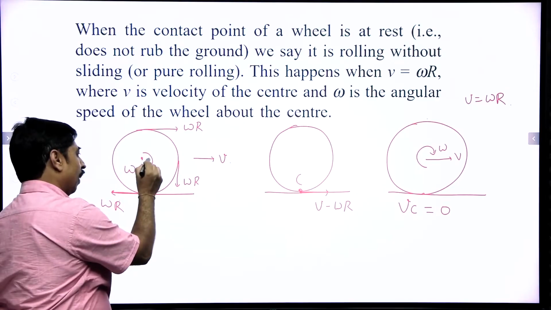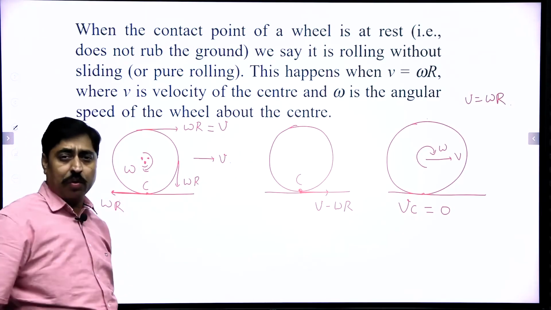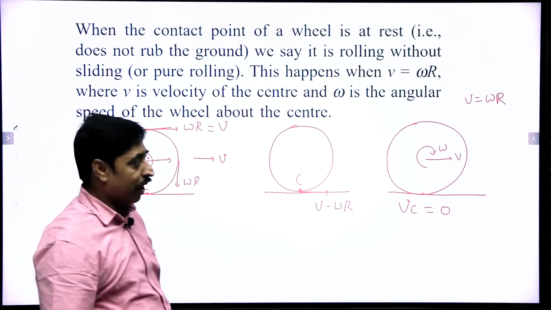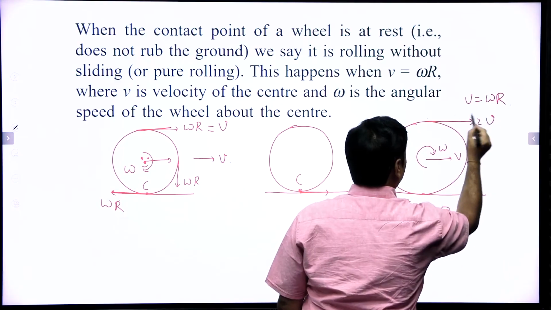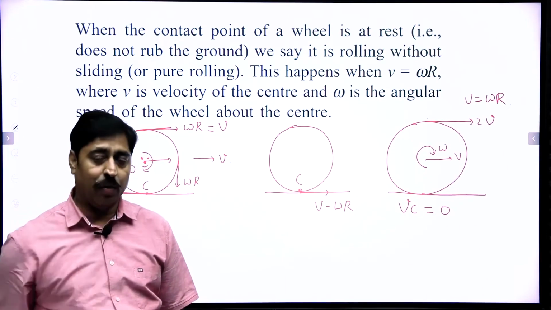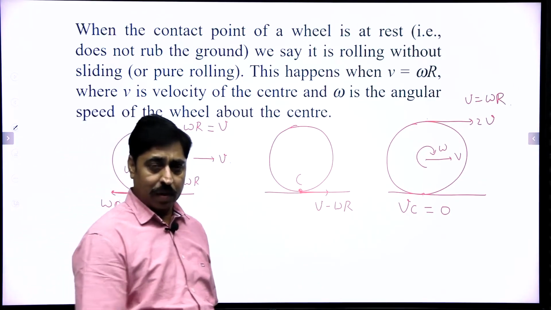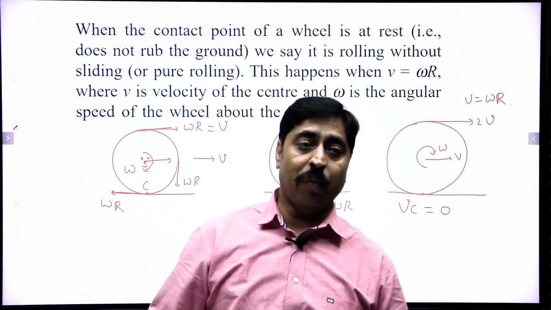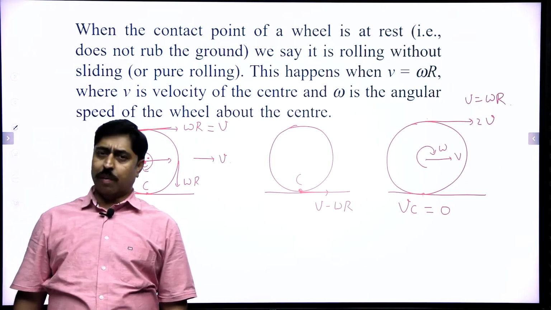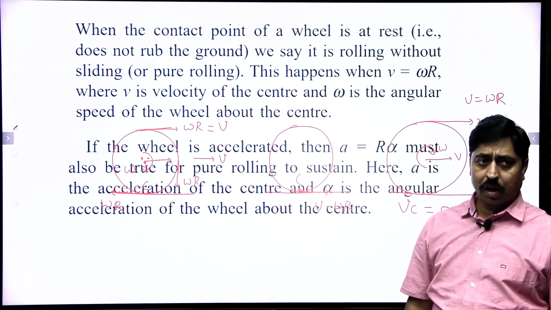If this observer is observing this particular point, he or she says that the velocity is omega r, which is equal to v. इसके रेस्पेक्ट में इसकी वेलोसिटी v है और इसकी खुद की वेलोसिटी इसी डायरेक्शन में v है. दोनों को ऐड करोगे तो क्या मिलेगा? 2v. इस पॉइंट की वेलोसिटी 2v है, इसकी v है, इसकी 0 है. अगर प्योर रोलिंग हो रही है, v ओमेगा r के इक्वल है. उस केस में प्योर रोलिंग मतलब ये पॉइंट रब नहीं करता, ये तब होता है जब v ओमेगा r के इक्वल हो. सो ऐसा सोच के कि सेंटर के अबाउट व्हील रोटेट कर रहा है और सेंटर ऑफ मास ट्रांसलेट कर रहा है, इन दोनों चीज़ों को अगर आप कंबाइन करते हैं तो आपको किसी भी पॉइंट की वेलोसिटी लिखना आता है.